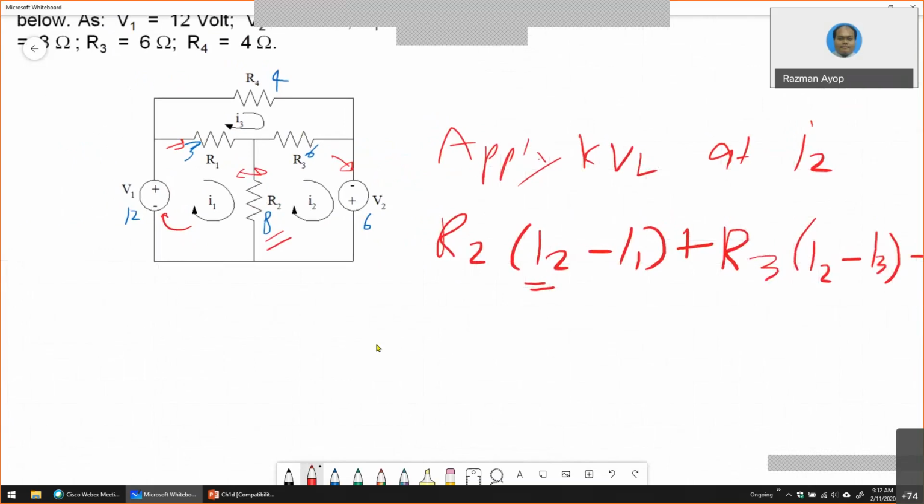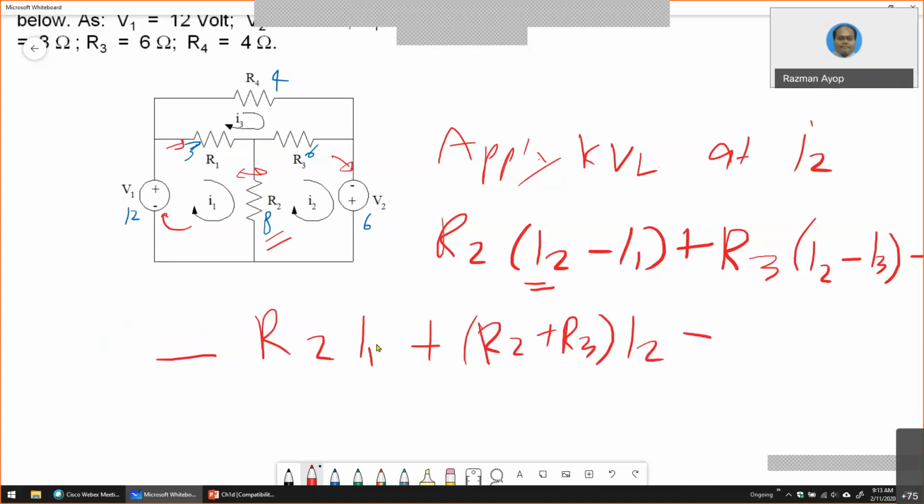So if you rearrange this, you get negative R2 I1 plus (R2 plus R3) I2 minus R3 I3 equals V2. Now you can insert the values.